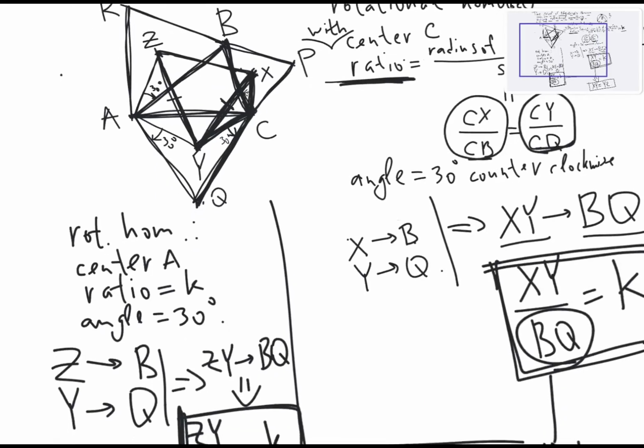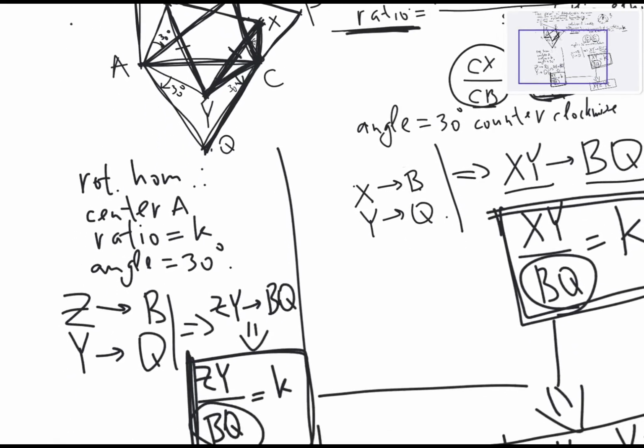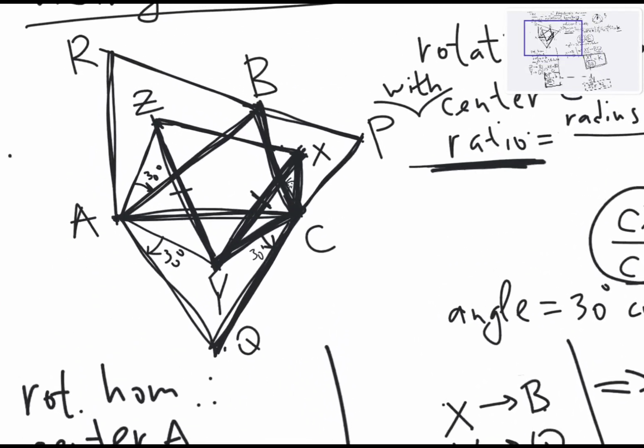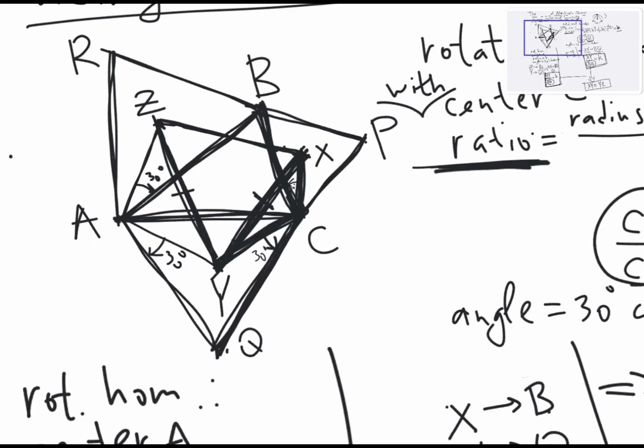Here I also forgot to say that the angle is 30 degrees clockwise. So basically we proved that two sides of the triangle XYZ are equal to each other, XY and YZ.